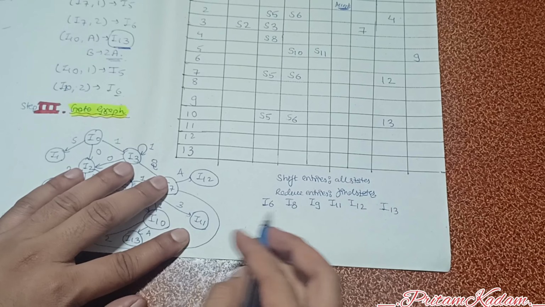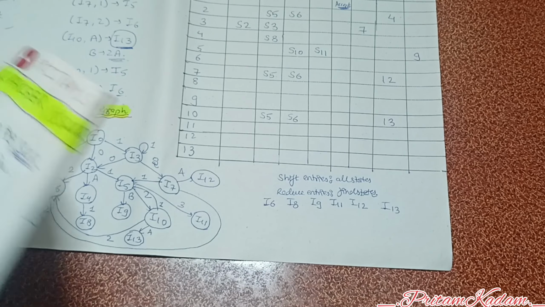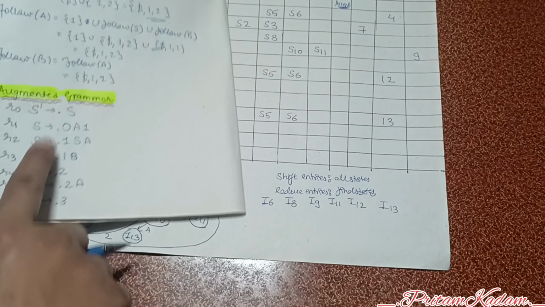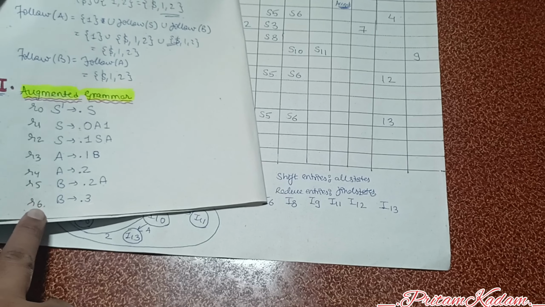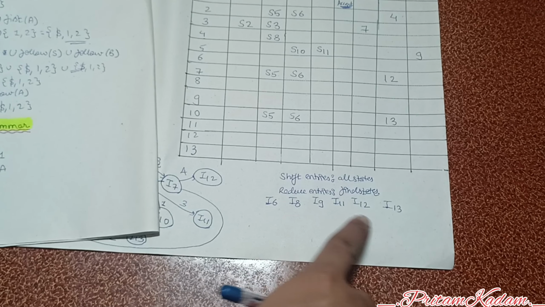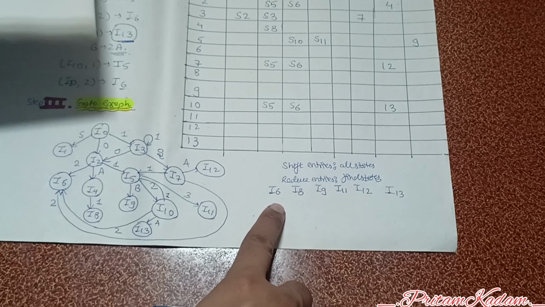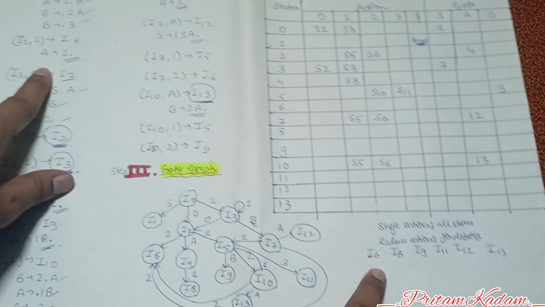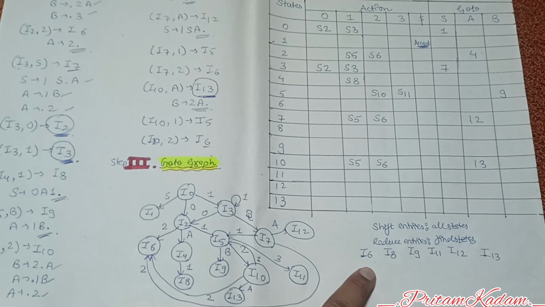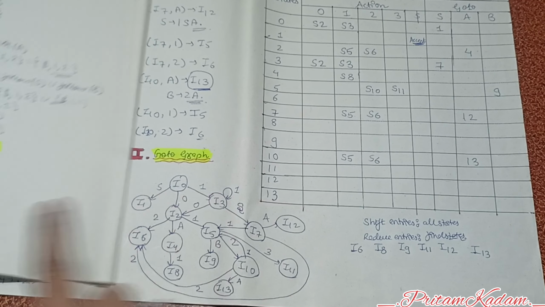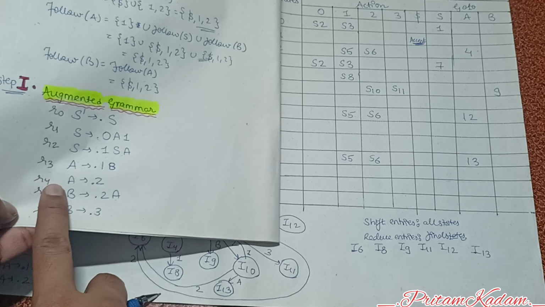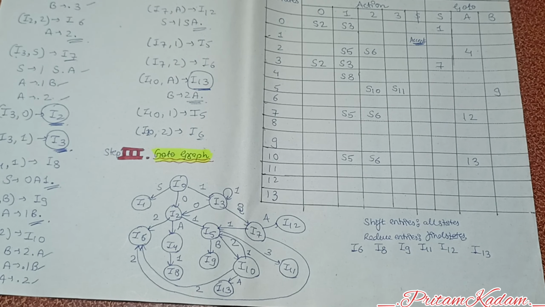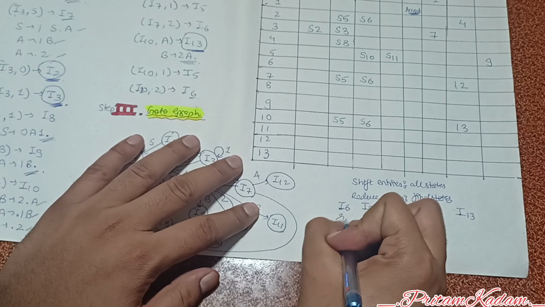Now what we have to do is see which state it represents. So from here we will write the R1, R2 part, and by seeing which state it shows, let me explain it to you. On I6 we have the production A gives 2 dot, which is R4, so I will write R4 over here under the I6 part.